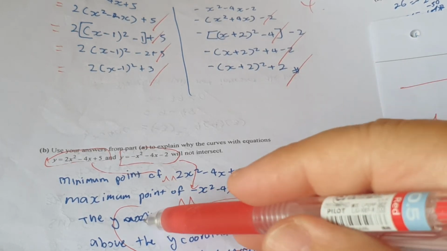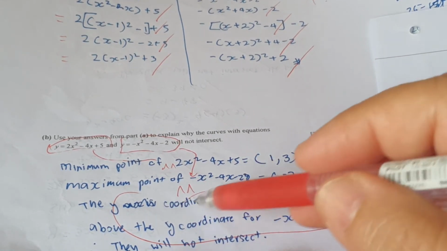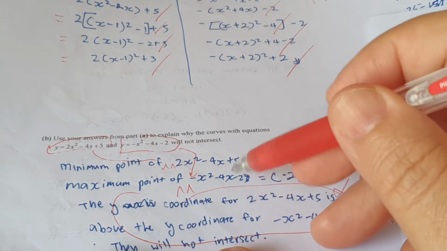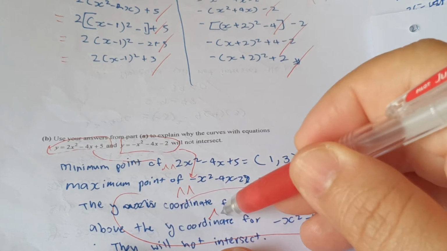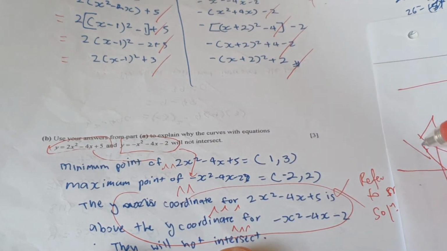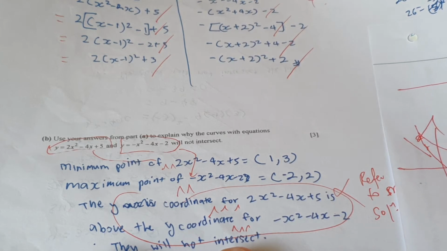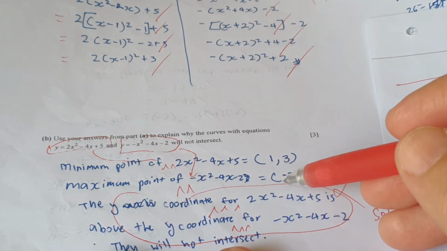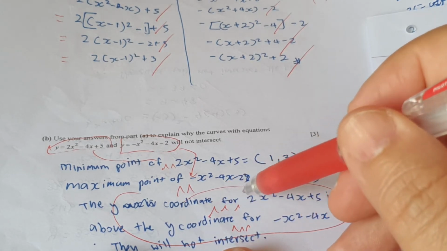Okay, because you know why not? You never state maximum minimum point. So you just say the y coordinate of this and the y. I don't know what point you're talking about. Maybe you're talking about this point, then they still intersect. What? They still intersect. Or I don't know what you're talking about. You know what I mean? You must refer to the.